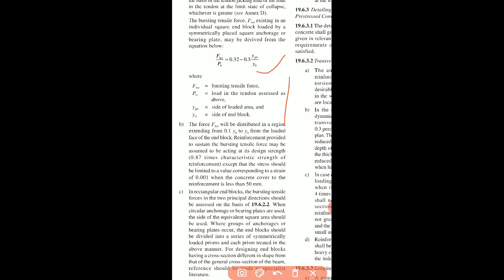P0 is the load in the tendons assessed as above. See here. Then yp0 is the side of the loaded area and y0 is the side of the end block. The side of the loaded area is yp0 and this side is y0, the side of the end block.